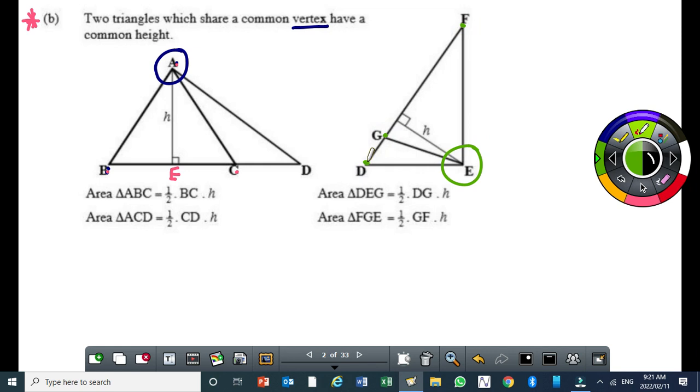Be aware that we have got three triangles here. We're only going to concentrate on DEG and FG. The way that I explained here is also the same. You identify your base first, then you determine your height from the base. As long as the two triangles share a common vertex and the points along their bases are collinear, you can say therefore they have the same height.